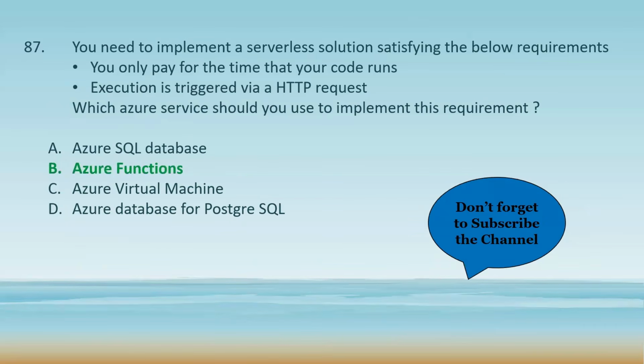Now, functions are billed based on the total number of request executions each month. Some of the triggers for a function can be a queue, timer, event grid, or an HTTP request. So, like the previous question, there can again be variations to this question. The second requirement in this question is execution is triggered via HTTP request, but it can be modified because the triggers can be a queue, a timer, an event grid, or an HTTP request.